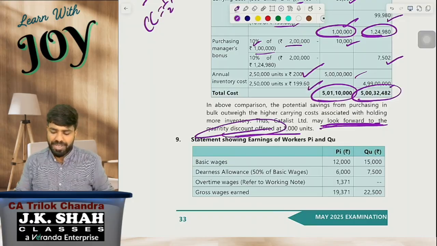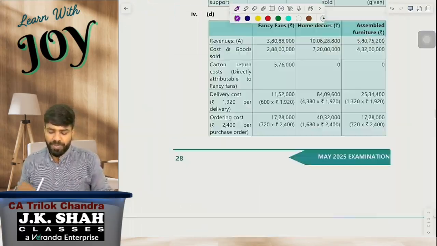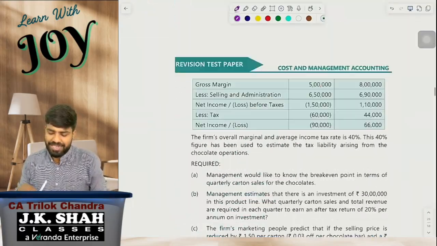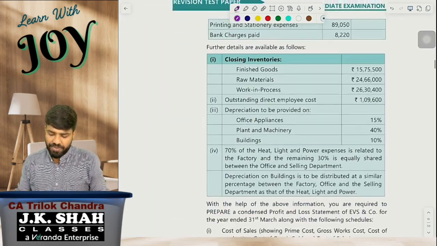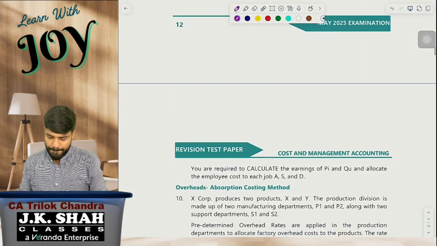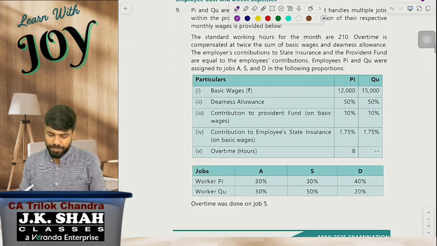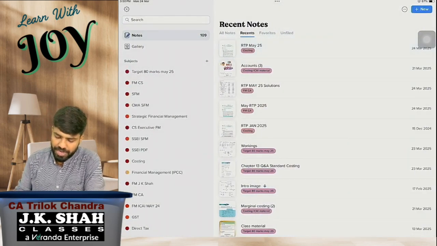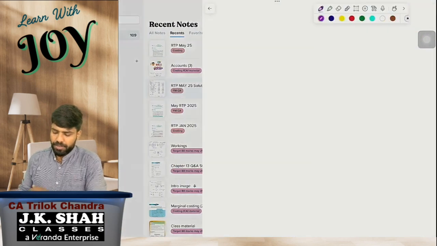Look at the second question, based on the labor cost. So before proceeding to that, we need to understand valuation of... Okay. Before looking into the question, I want to explain a small point.